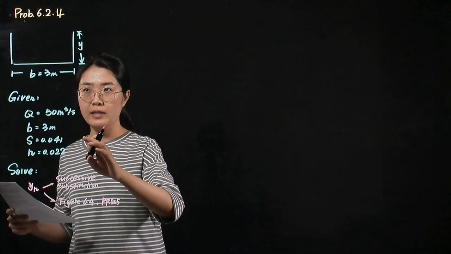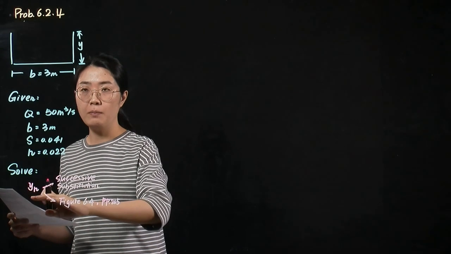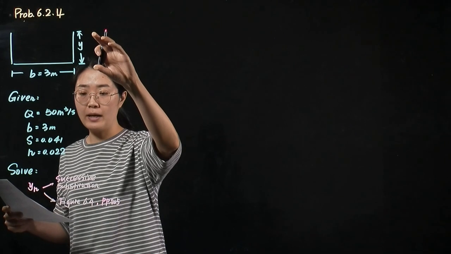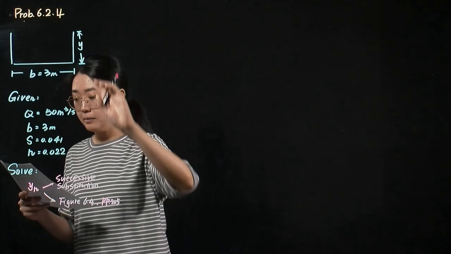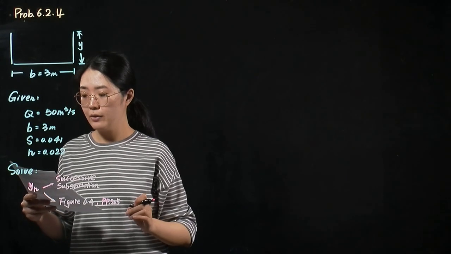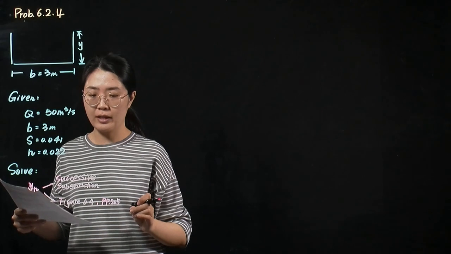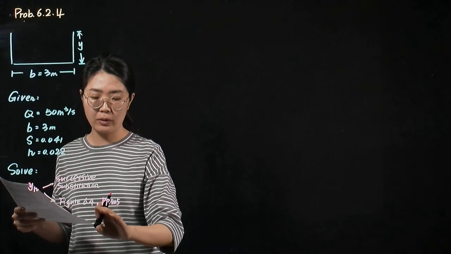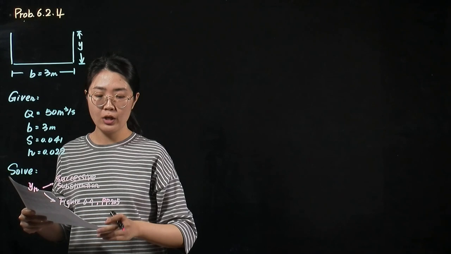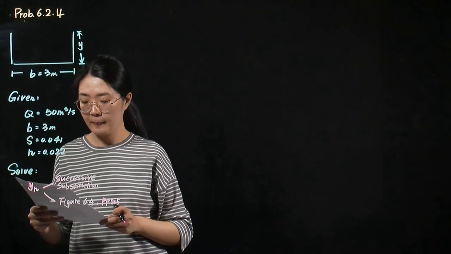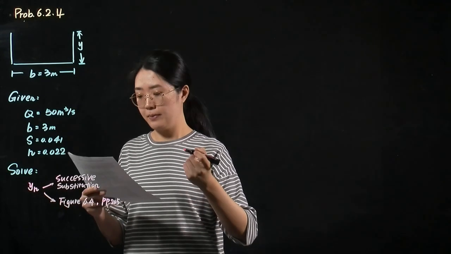In this problem, it asks us to calculate the normal depth, which is y sub n, by applying two different methods: the successive substitution and figure 6.4 on page 205. So let's solve this problem.